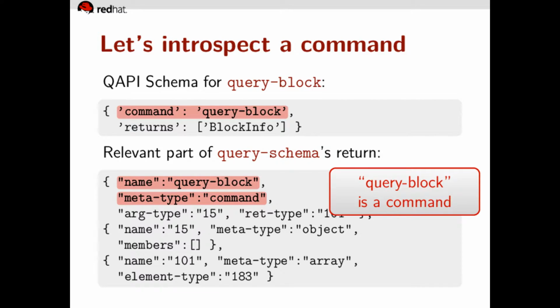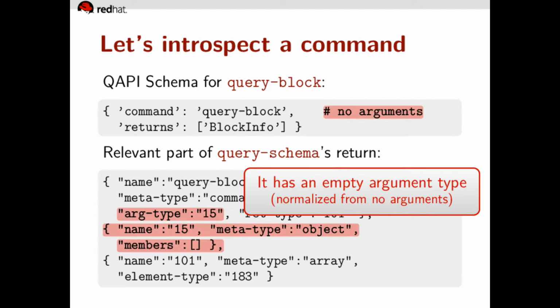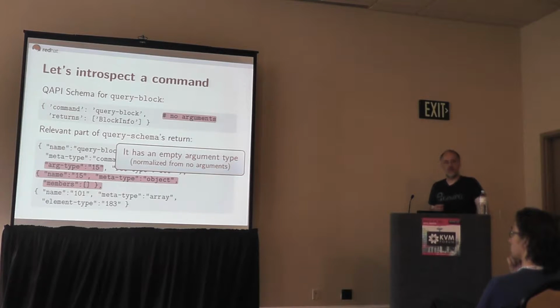Query-block is a command. It has an empty argument type. That's a bit weird, but in the schema, there are 3 ways to say a command has no arguments. You omit the arguments key, or you say arguments, open curly, nothing, close curly. Or you say arguments is this type over there, and that type is empty.